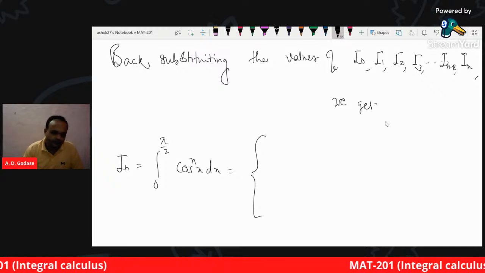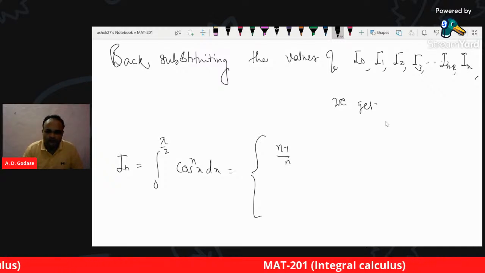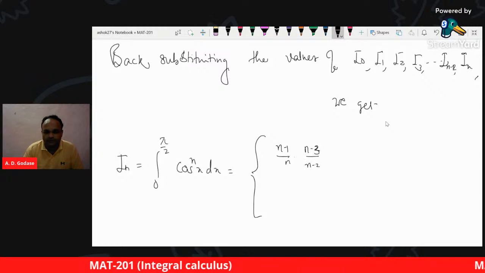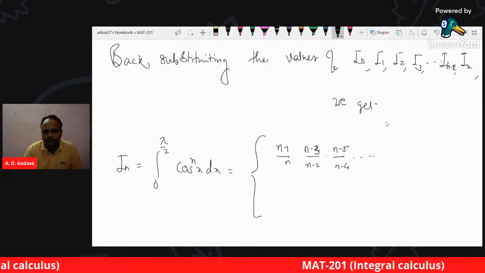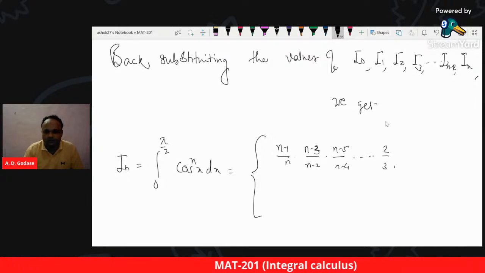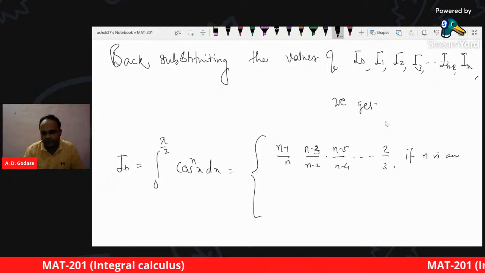So it will be n minus 1 divided by n into n minus 2 divided by n minus 3 into n minus 5 divided by n minus 4, and so on up to 2 divided by 3, if n is an odd integer.